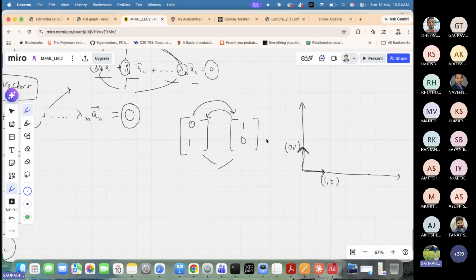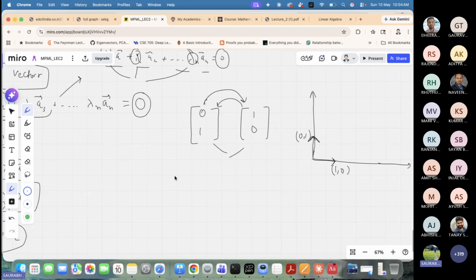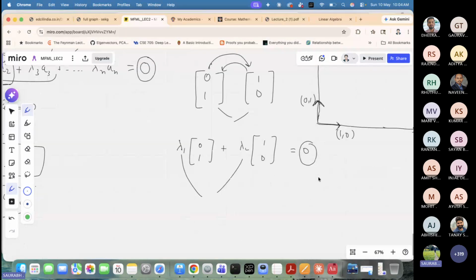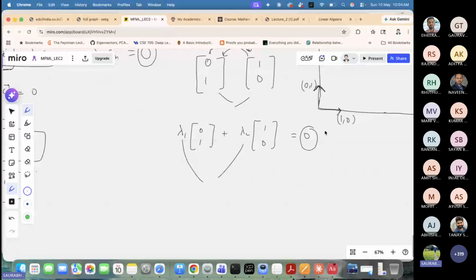When you have a set of independent vectors, you can also say that the only way to combine them, lambda 1 times 0, 1 plus lambda 2 times 1, 0 equals 0, is to make lambda 1 and lambda 2 0, to make the output the 0 vector, 0, 0.